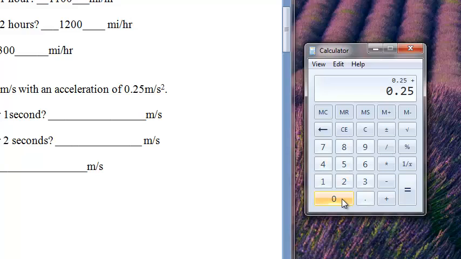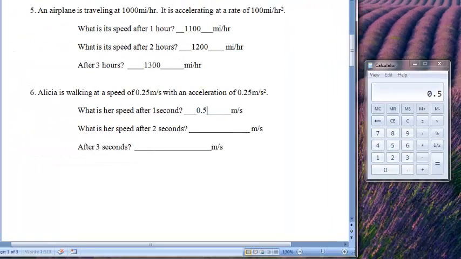When we add those together on the calculator, we end up with 0.5 meters per second. Every second her speed will continue to increase by 0.25, since that is the acceleration rate we are given.